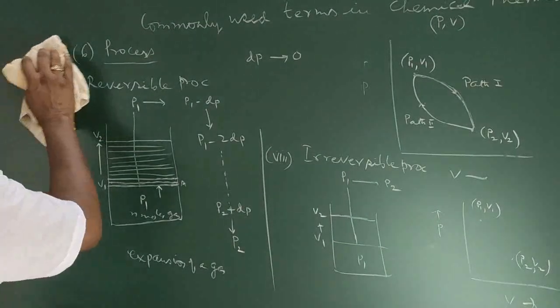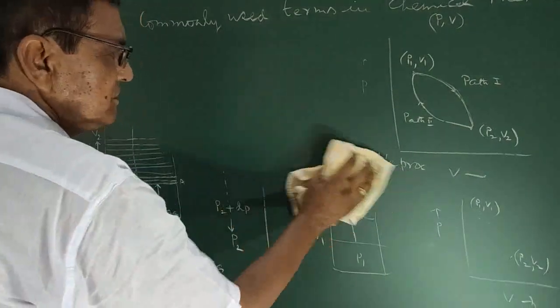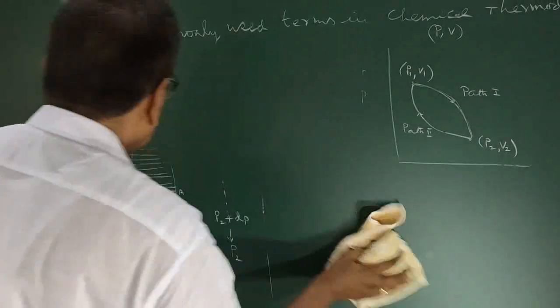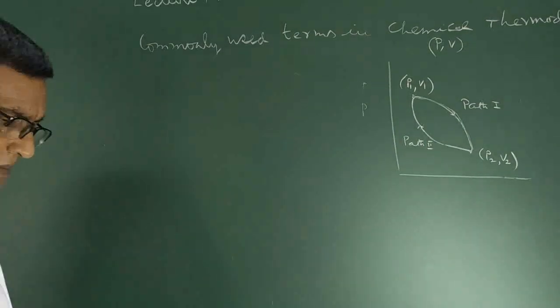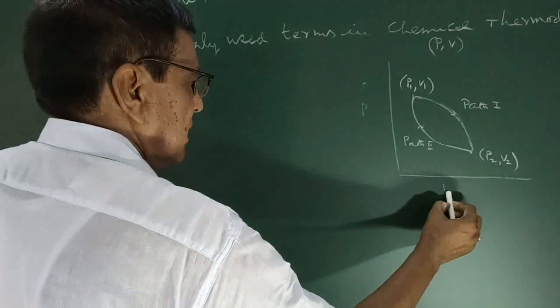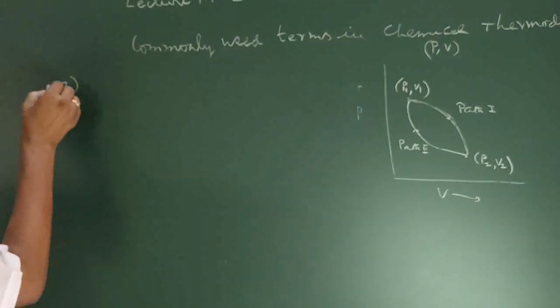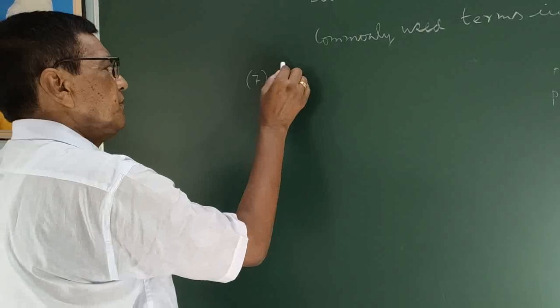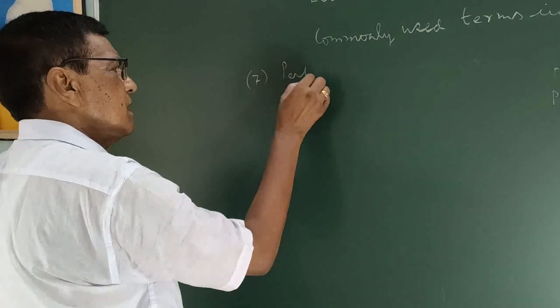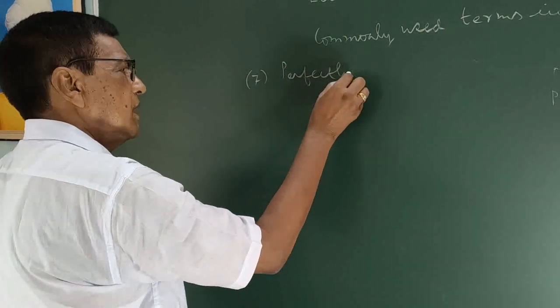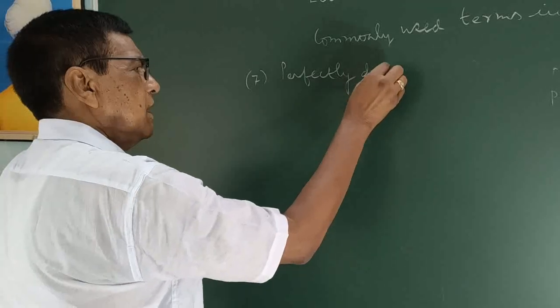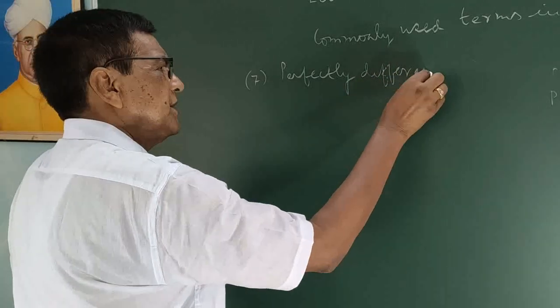And then the seventh one, and this is the seventh one, perfectly differential quantity.